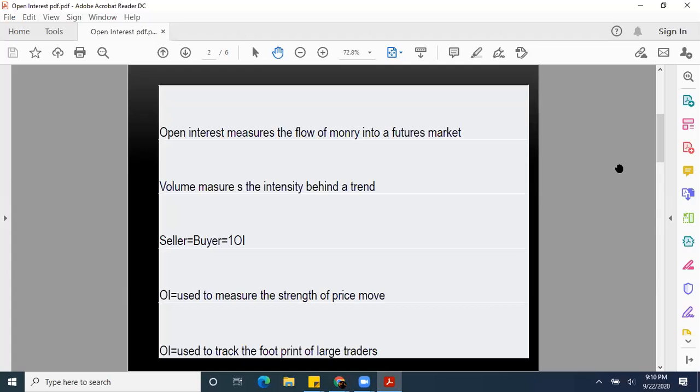So when we say institutional order flow, which is what we trade basically at SimplyPips, we try to trade in line with the banks. One way we can do this also is to use open interest.